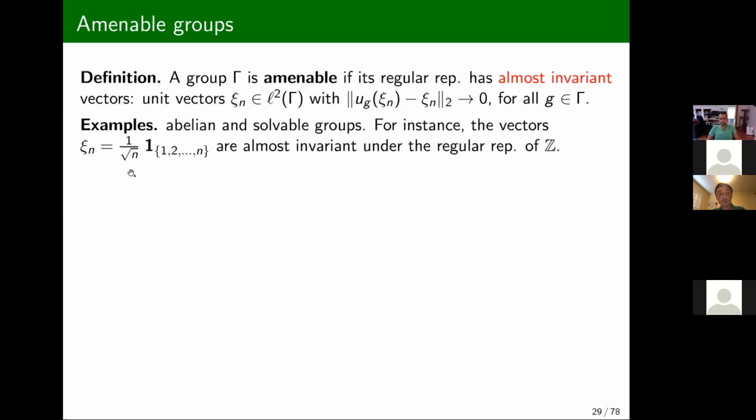For instance, you can see that by looking at the characteristic function of the set 1 through n, which you divide by the square root of n to get a unit vector in little L2 of Z. And you can see right away that as n goes to infinity, these vectors are almost invariant, simply because the set 1 through n is almost invariant under left translations by integers as n goes to infinity. Almost invariance here of the set really means with respect to its size.